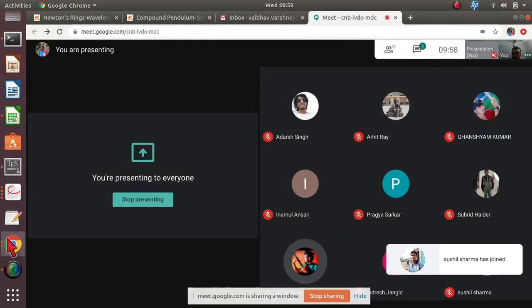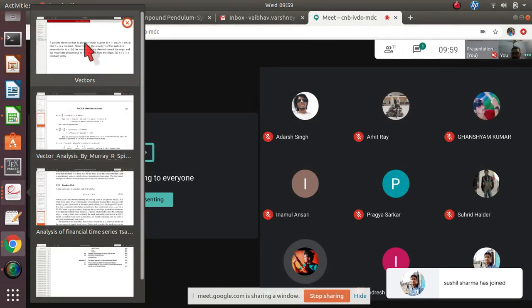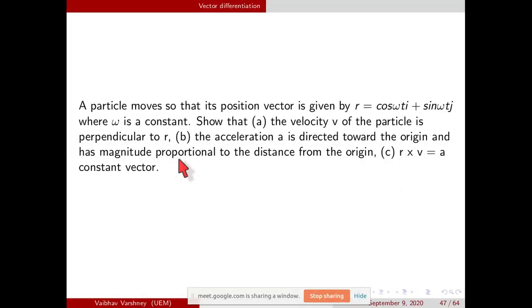It is minus omega square cos omega t i cap minus omega square sin omega t j cap. Now you can take minus omega square common and check that the inside vector is exactly equal to the r vector. So now we can write A is equal to minus omega square r.